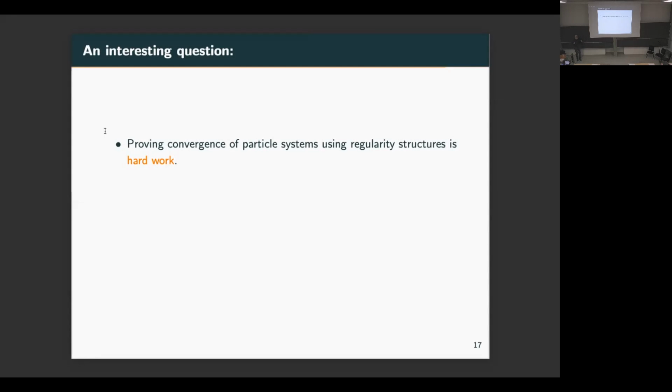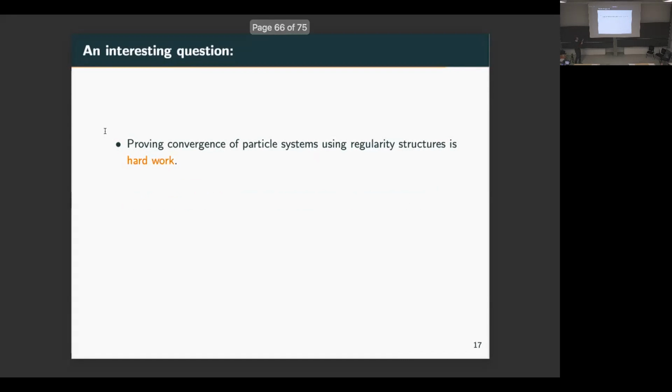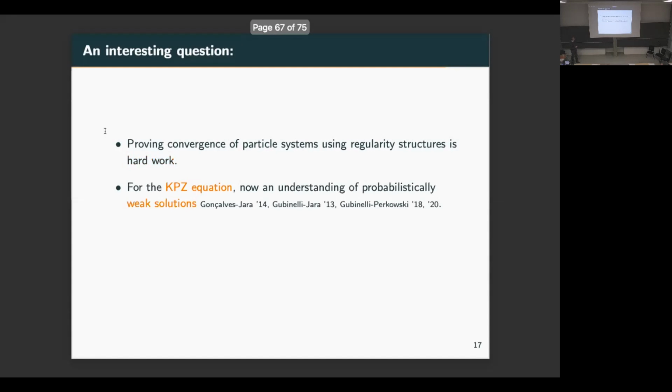Each term splits into several trees, and one really has to bound quite a number of terms. Even though this has now been made pretty systematic, the theory of regularity structures is amazing in its generality, but I would still say that it's a pretty hard thing to do.